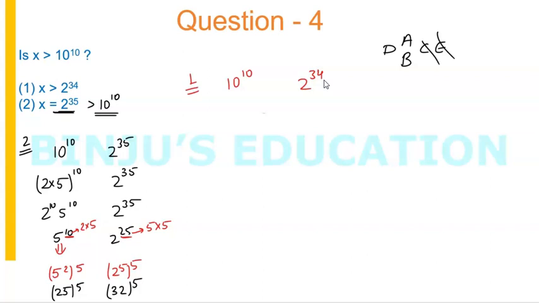But if 2 to the power 34 is less than 10 to the power 10, then we will be in a dilemma. Because unlike statement 2, statement 1 has an inequality sign. It does not have an equality sign.